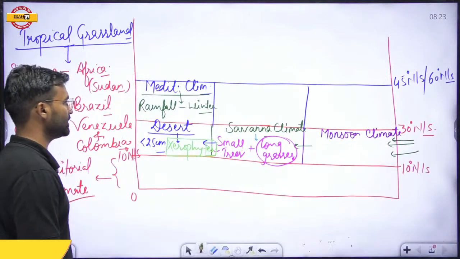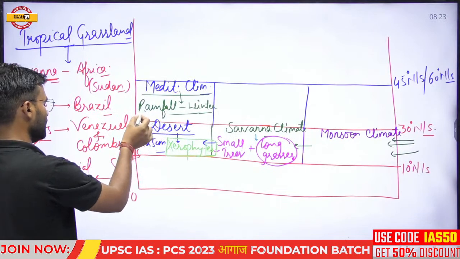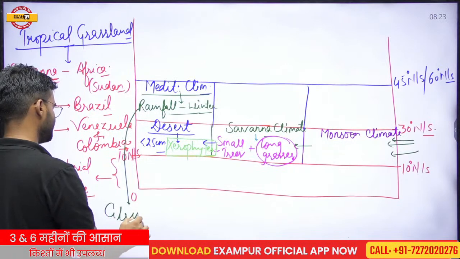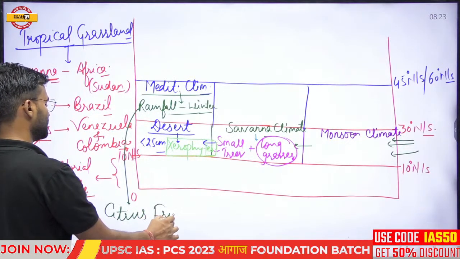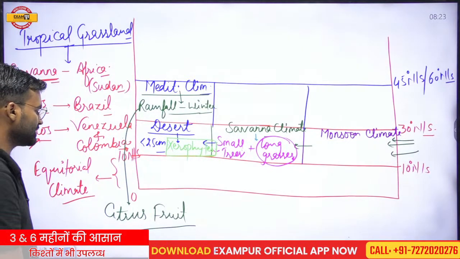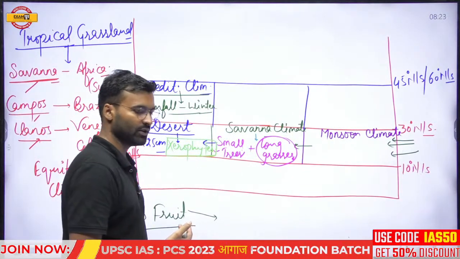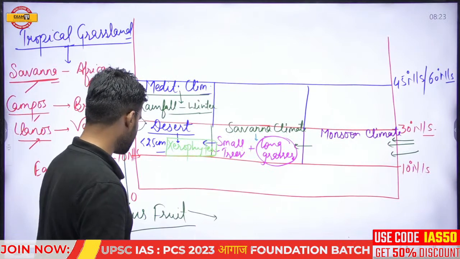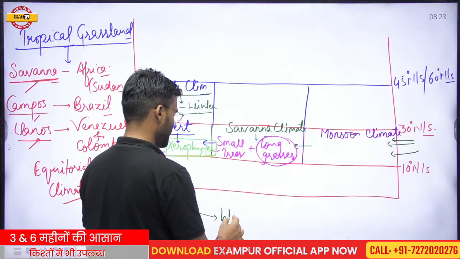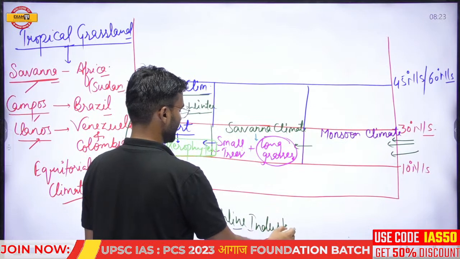So it is an important feature of this climatic zone, and due to this winter rainfall, this is the suitable condition for the production of citrus fruits. This climatic zone is suitable for the production of citrus fruits, and citrus fruits work as a raw material for the wine industry.